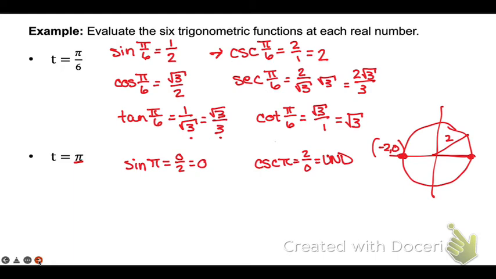You can't divide by 0. Everyone good so far? The cosine of pi would be -2 over 2, which would be what? -1.